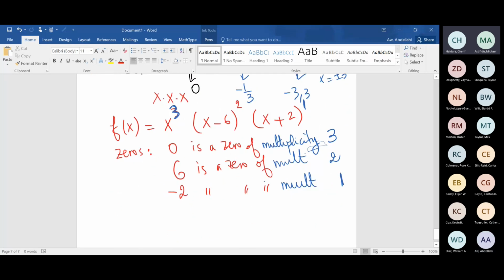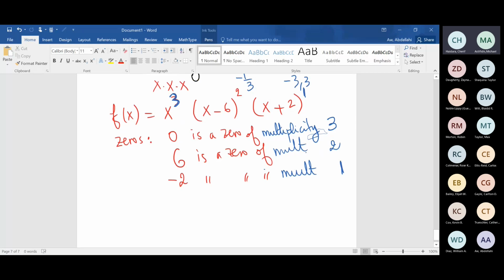Do you mean we can have x squared times x? Yeah, x cubed is x squared times x, right? But the multiplicity is how many times the factor occurs. The factor x here occurs 3 times: x times x times x.